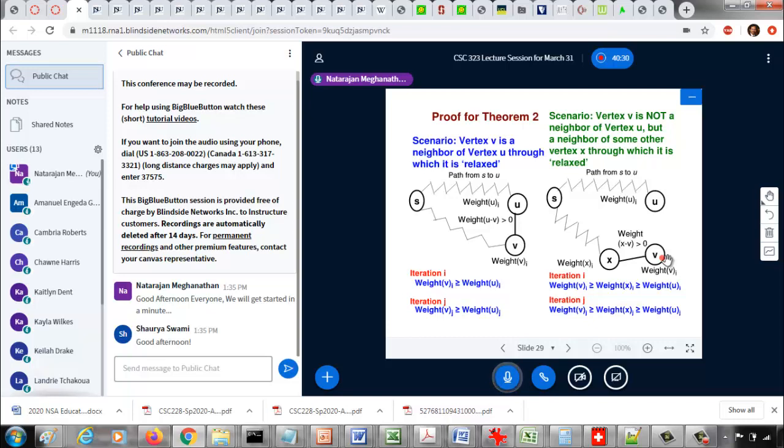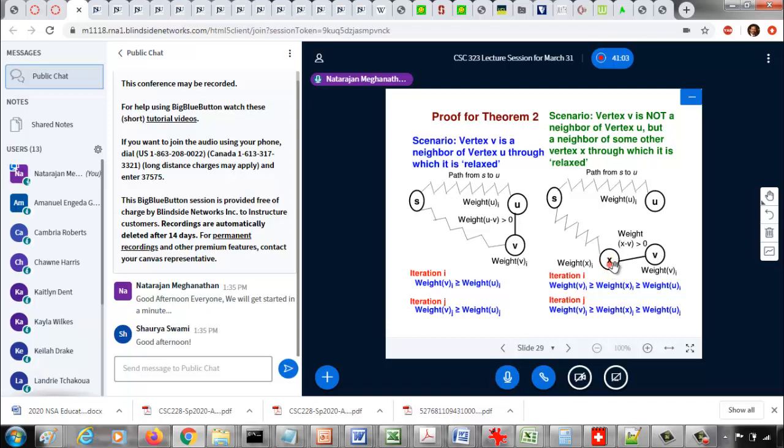So if v is not yet optimized at the time of u getting optimized, then a neighbor x of v should also not be optimized, because if x was optimized, we could have relaxed the neighbors of x, and v could have had a smaller weight than u. The reason we say vertex v is not yet optimized when u is optimized is that a neighbor of v is also not yet optimized, right?